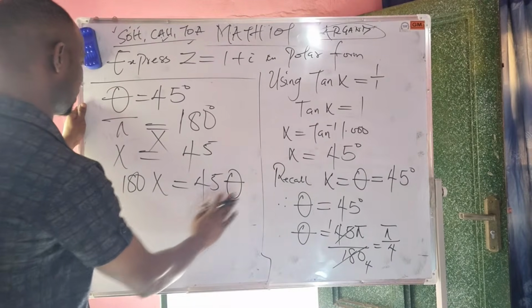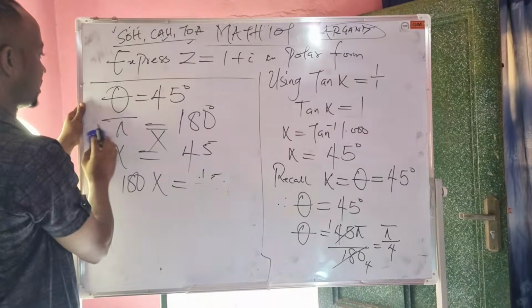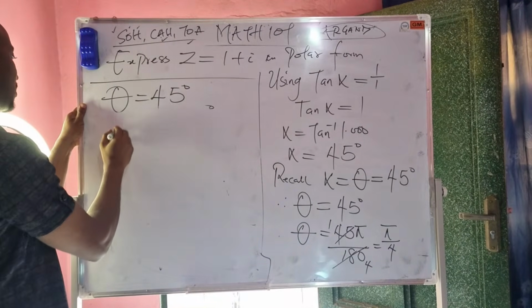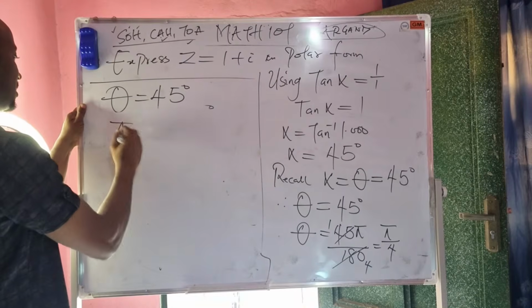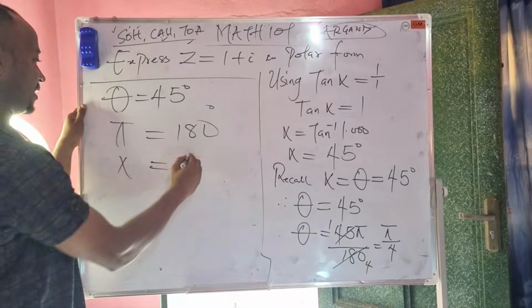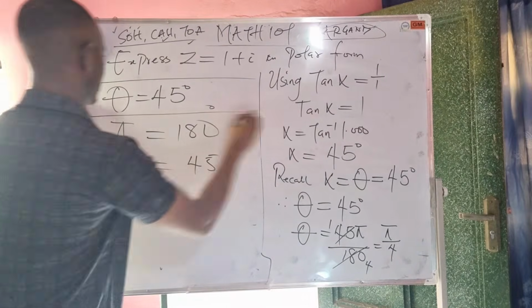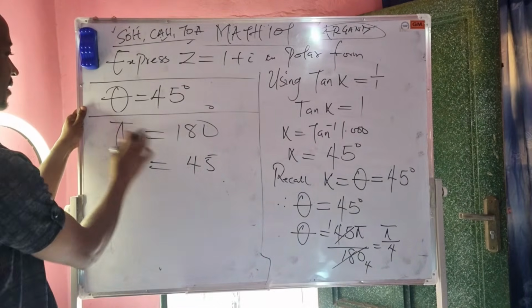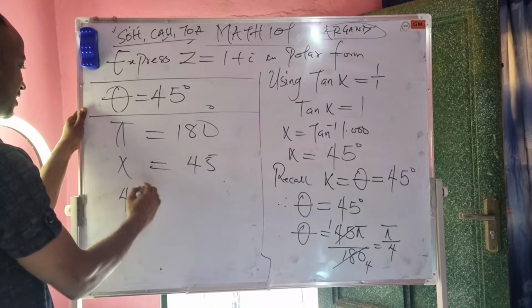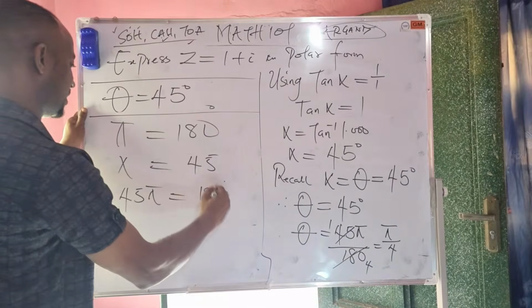Sorry, I'm making a mistake here. We recall that 1 rad equals 180 degrees. So how many rad can we find in 45 degrees? We cross multiply: 45 times rad gives us 45 rad, equals 180 times x.